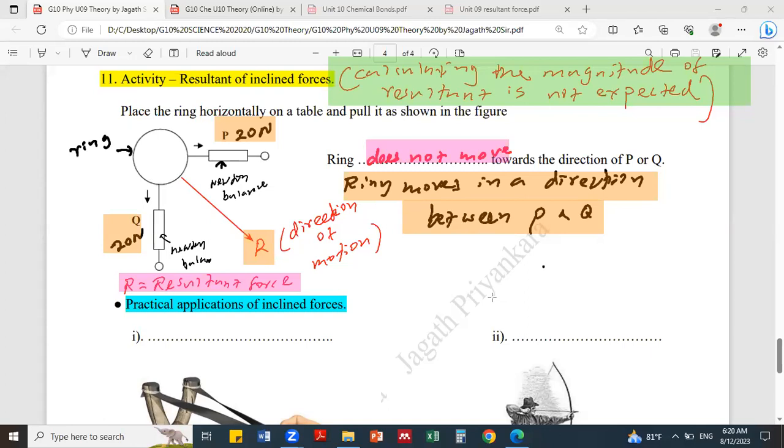Please raise hand those also writing. Okay. What is this called? Resultant of inclined forces, or sometimes resultant of two non-parallel forces.